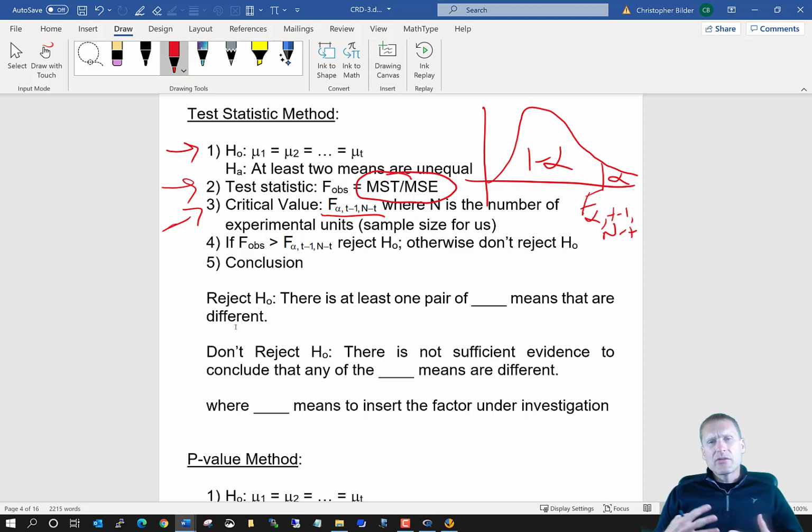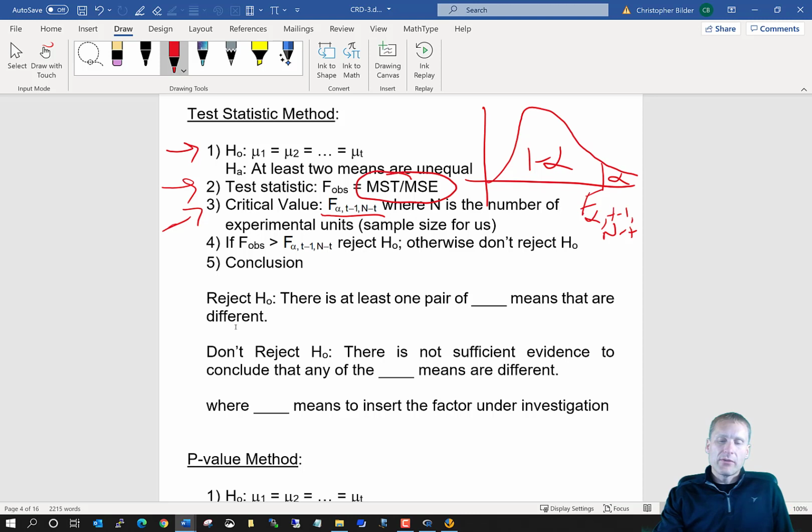And so that gives you some intuitive feel then for why this is essentially only a right-tailed test for this particular situation. The only thing that's going to happen to F obs if the means are different is that the actual F obs is going to go up. So large F obs values indicate evidence against equality of population means.